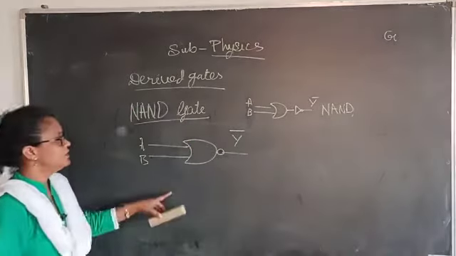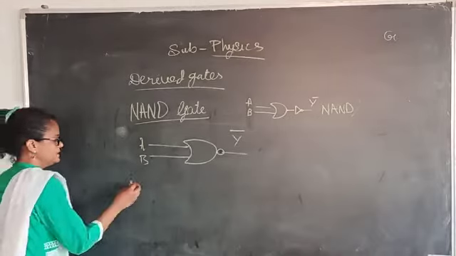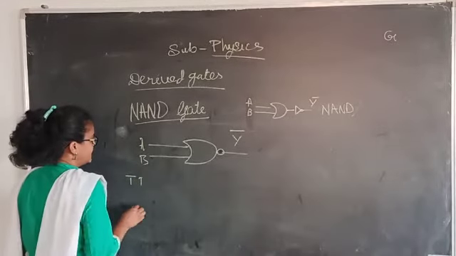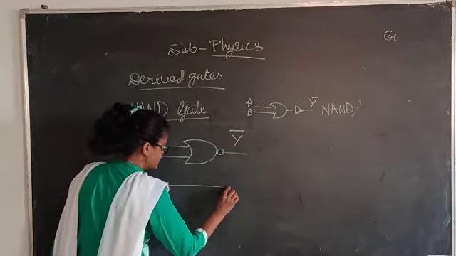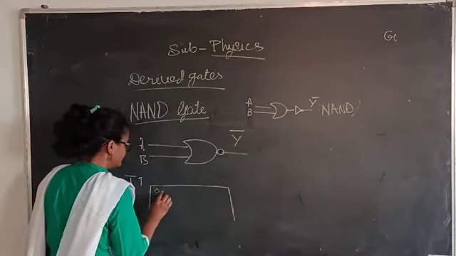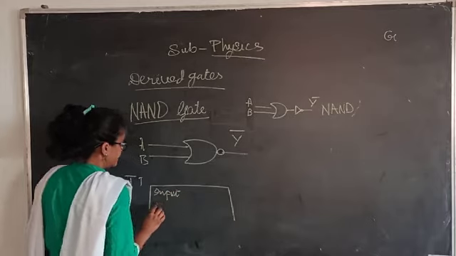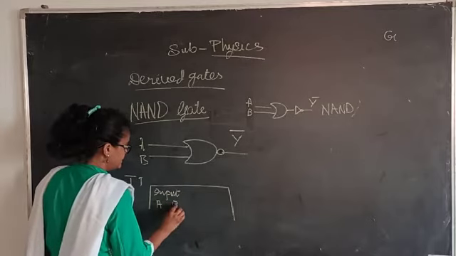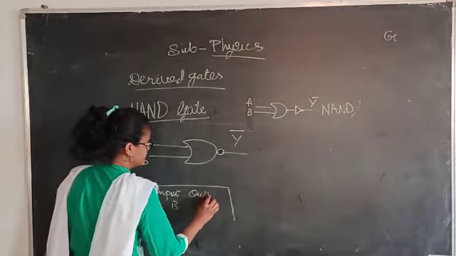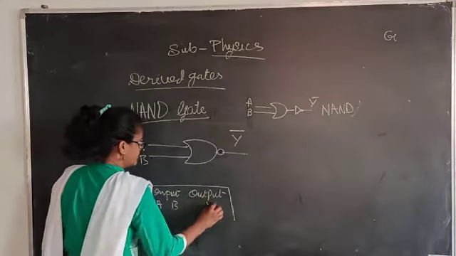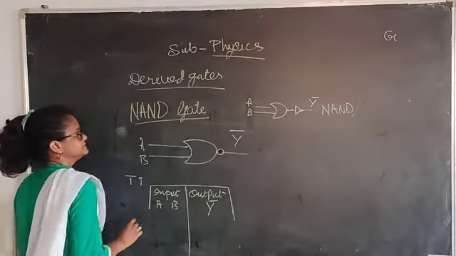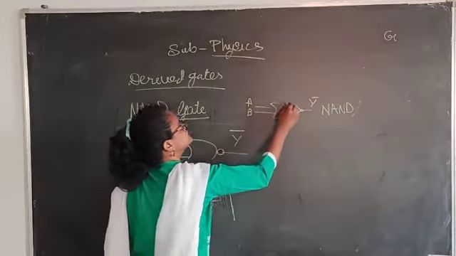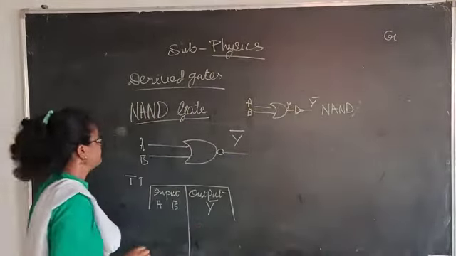Okay. So let us start with the truth table and we'll conclude some of the points from this NAND. This is the input A and B, output Y bar. This is your Y. Okay.